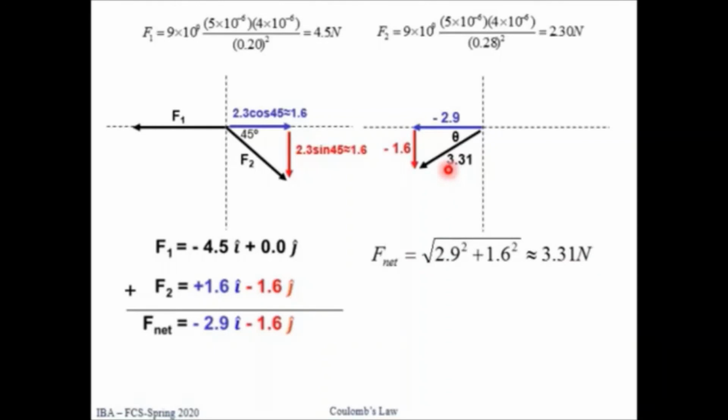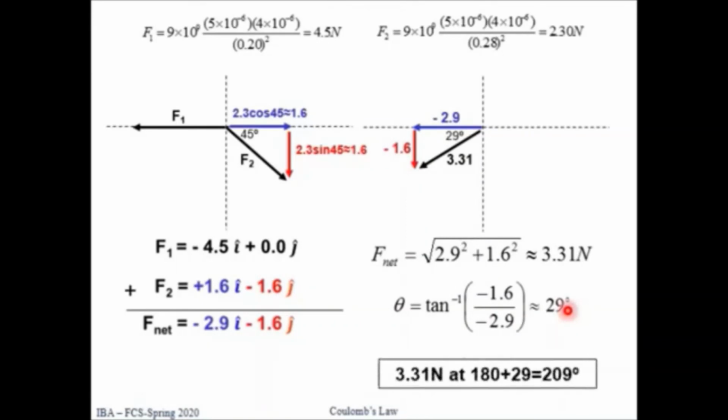And the angle can also be determined through the tangent law, which will be 29 degrees. In general, this angle is measured with respect to the positive x-axis. So in order to measure from the positive x-axis, we just need to add 29 plus 180. That will be 209. Thank you.